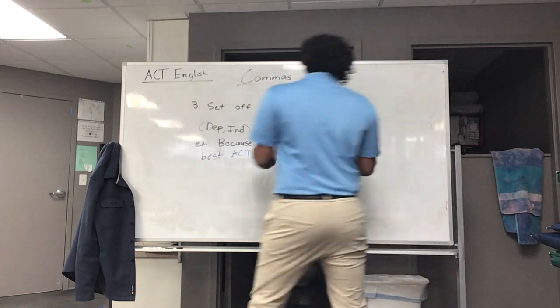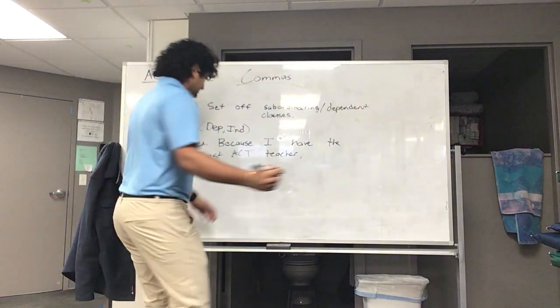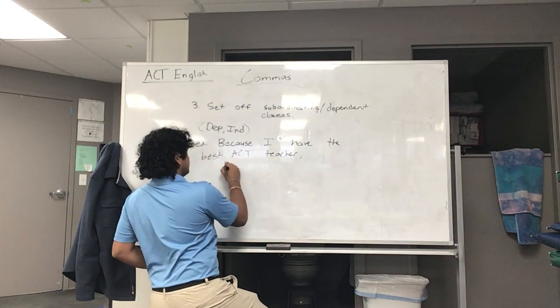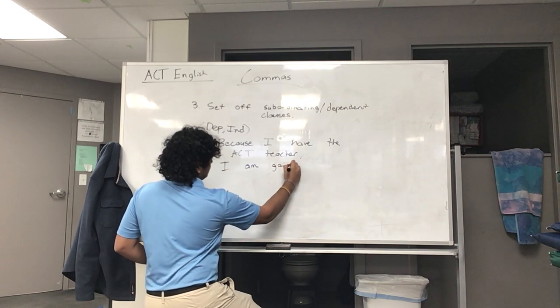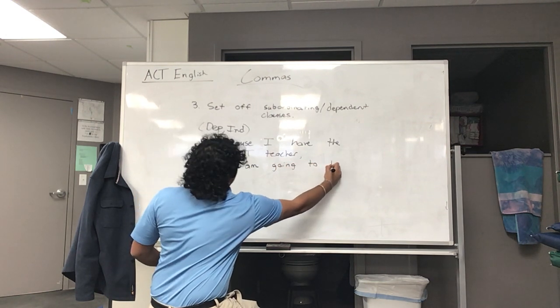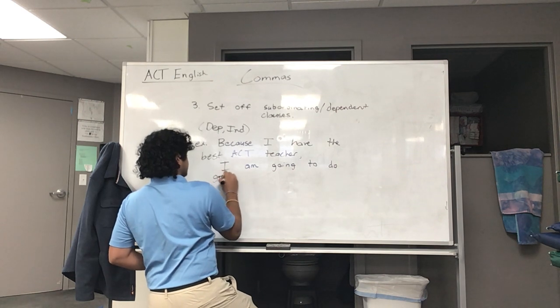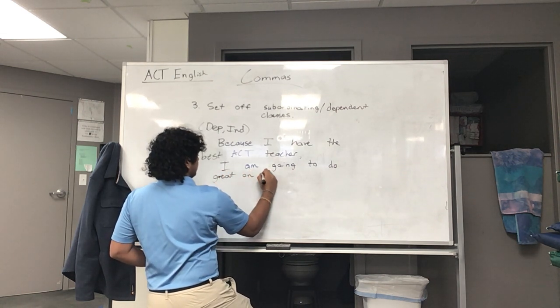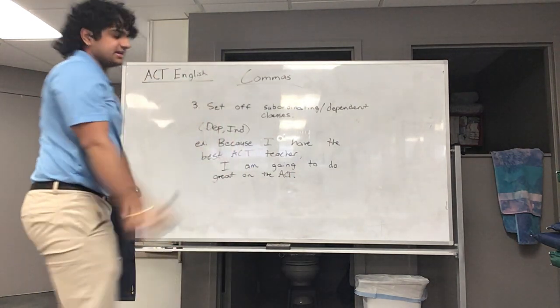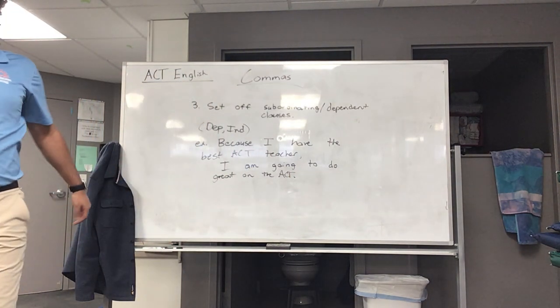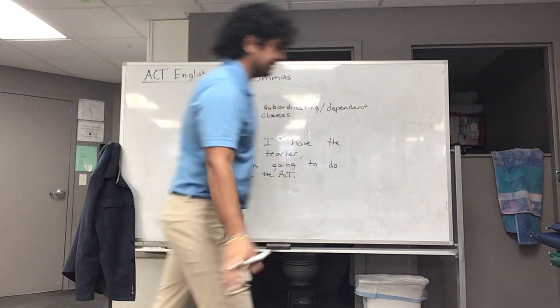So now let's add an independent clause at the end of it. Something you guys should be repeating to yourself every day: "I am going to do great on the ACT." Now, that is an independent clause. I'm going to do great on the ACT. Period. That's perfectly fine by itself.